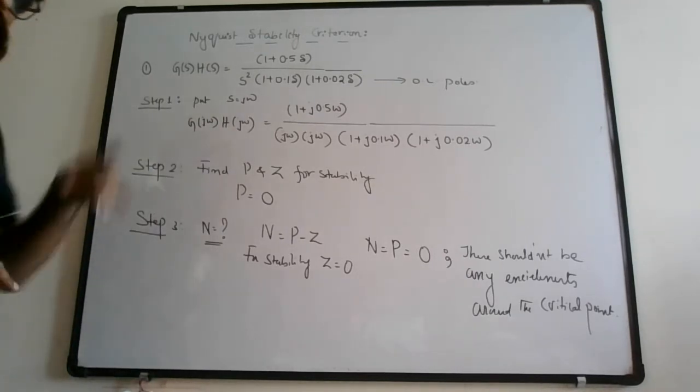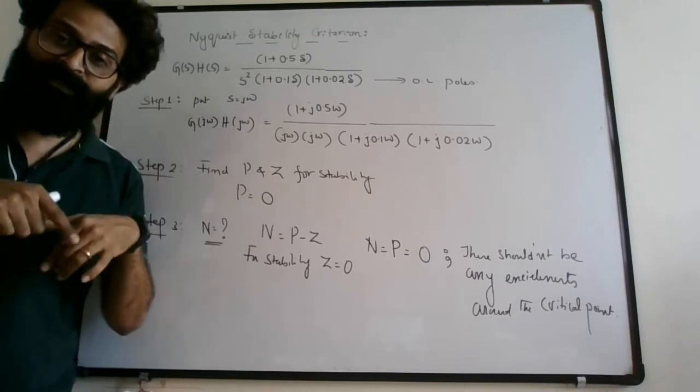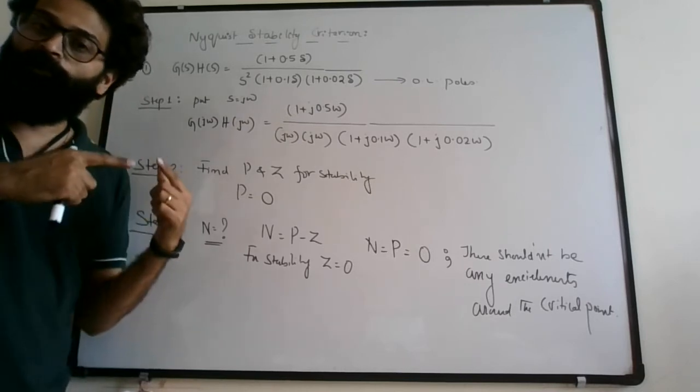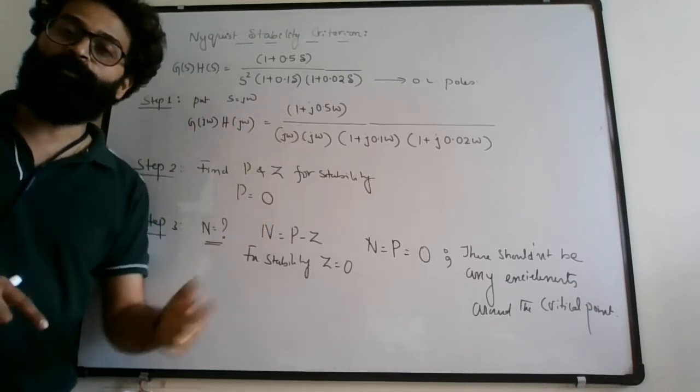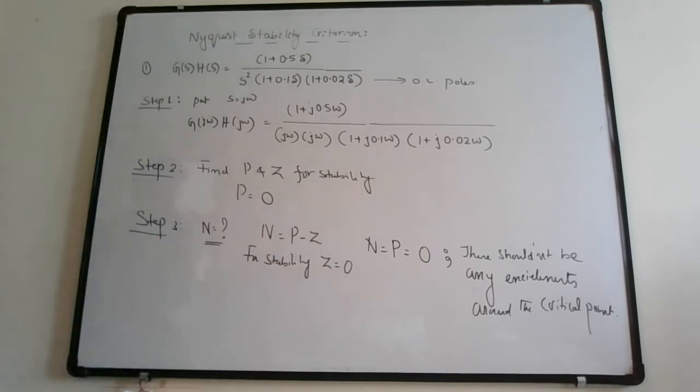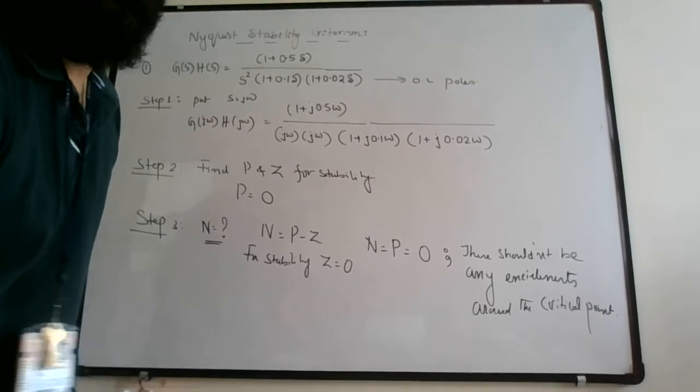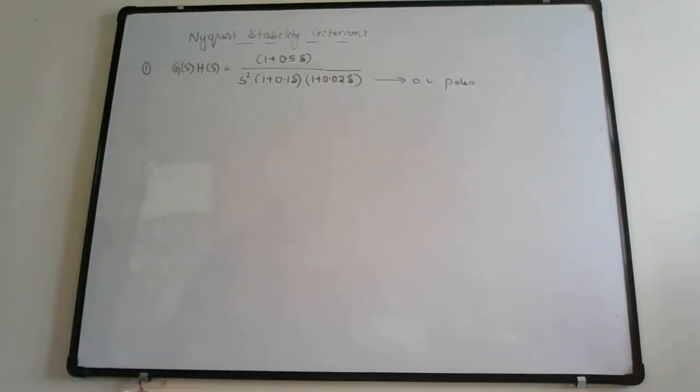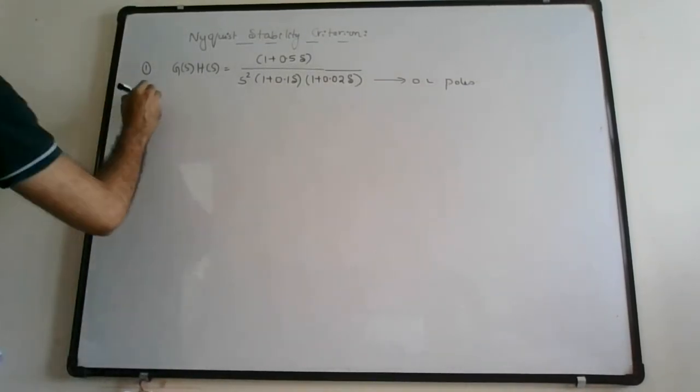And how exactly to check the encirclements? You can just roll back and check the previous explanation I have explained over here. Step 4.